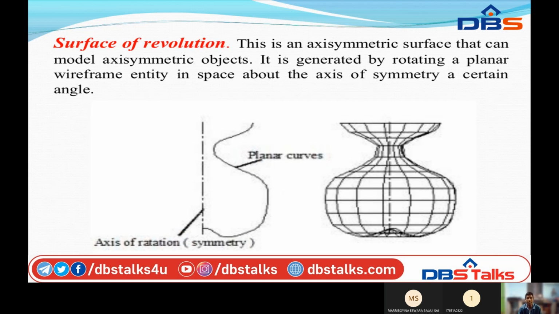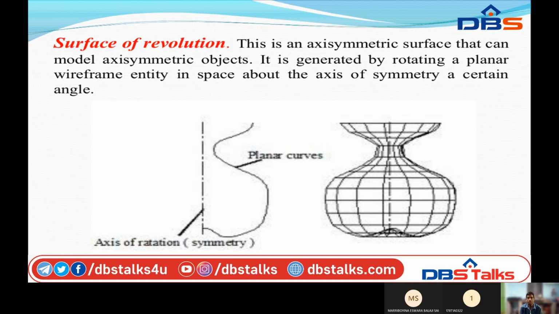Next, a very important concept: surface of revolution or tabulated cylinders. This can be generated as an axis symmetric surface. Okay, axis symmetric objects like bottles, cans, etc. It is generated by rotating a planar wireframe entity.